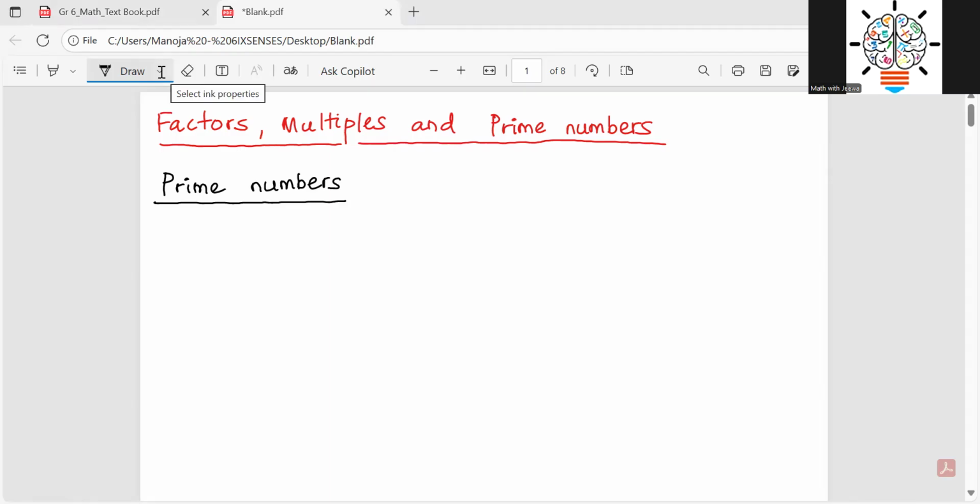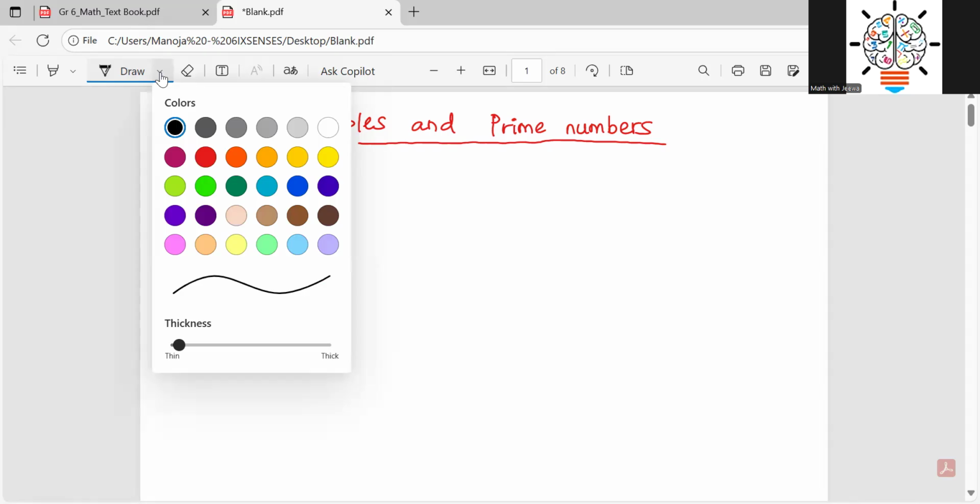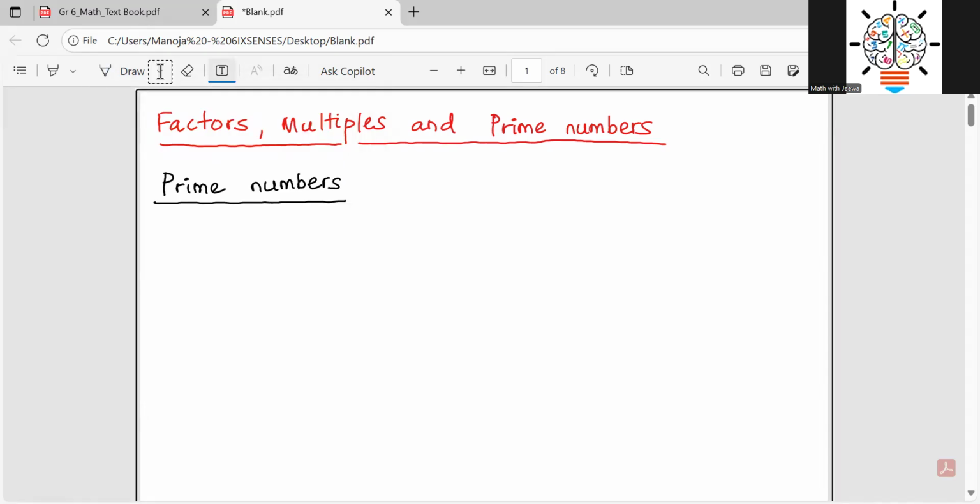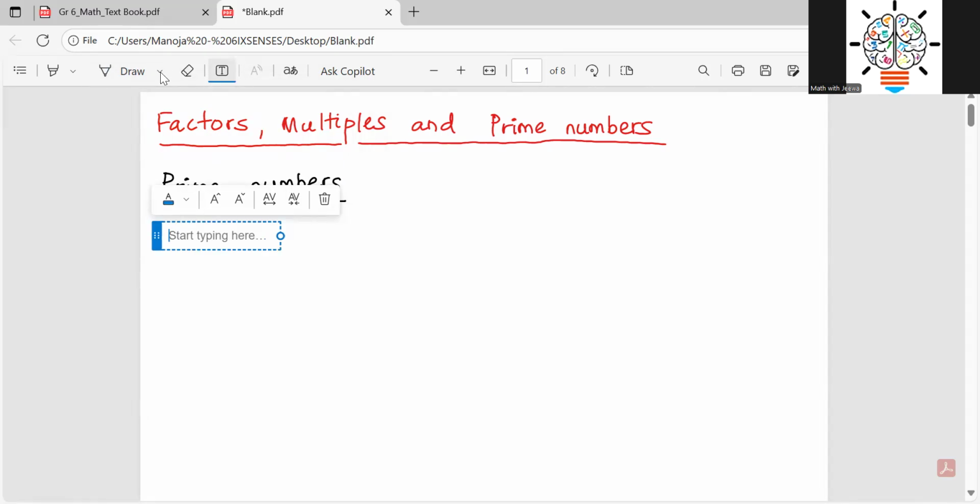Then we will learn about the prime numbers. So what are prime numbers? I will type and write it for you. The prime numbers are the numbers which you can divide only by 1 and itself.